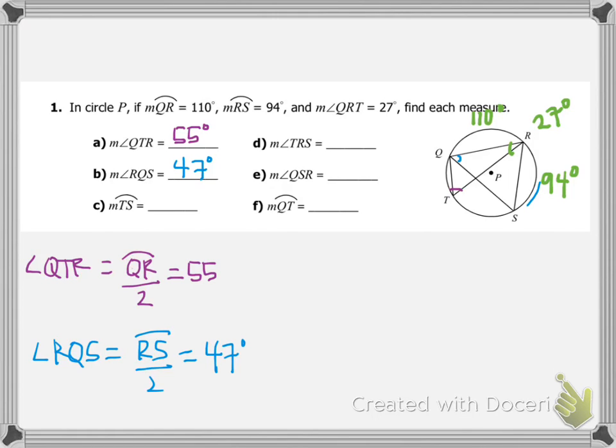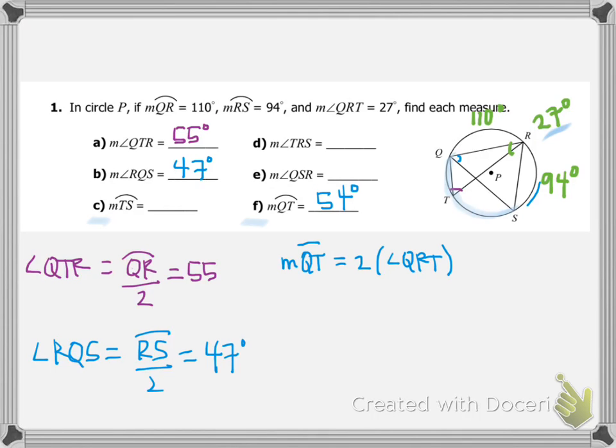Okay, so now I want to find these marked arcs here, QT and TS. So arc QT would be 2 times that 27, so 2 times 27 would be 54, so the measure of arc QT would be 2 times the measure of angle QRT.